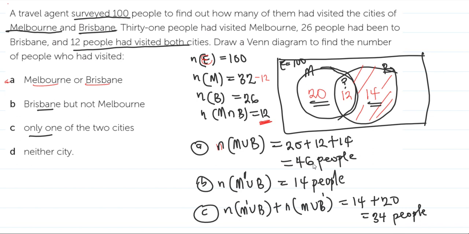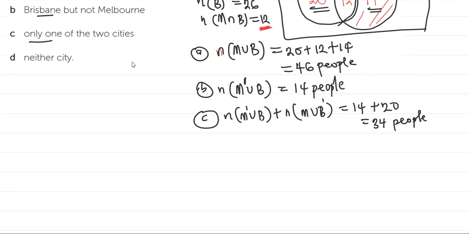The final question, part D, says that we should find the number of persons who have been to neither of the cities. Those will be outside, of course, neither here nor there. So we are looking for the number of persons who have not been to Melbourne or Brisbane.